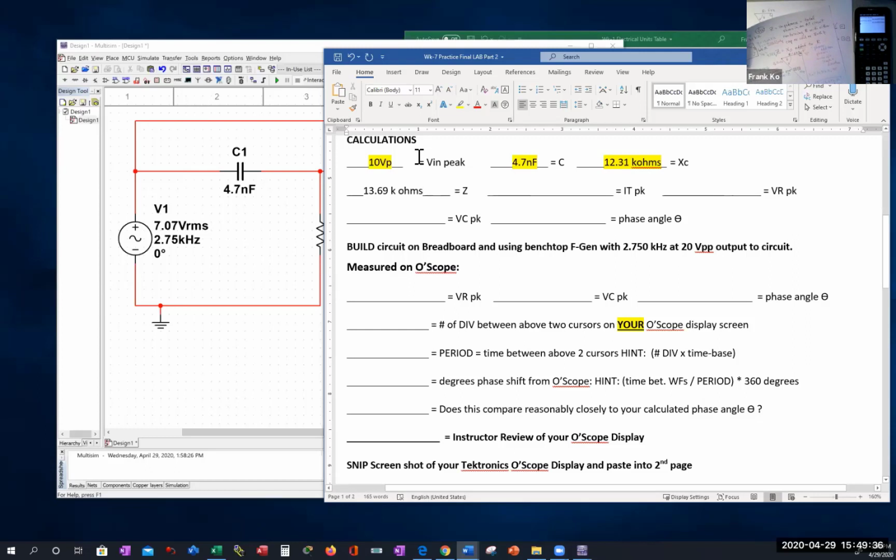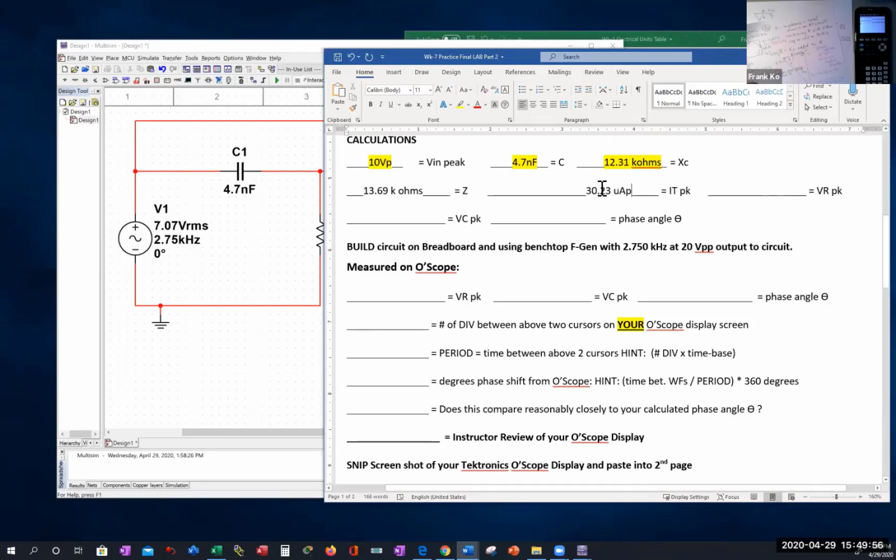Yay. And we were also able to determine a current. And the current we were able to determine was 730.23 microamps peak.